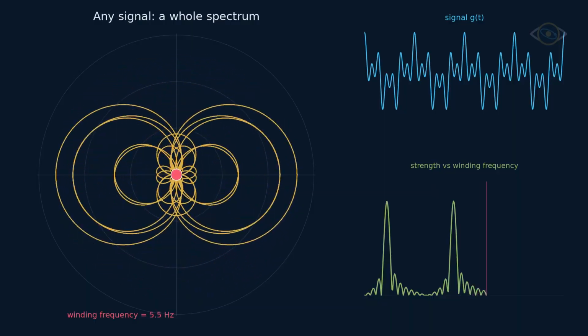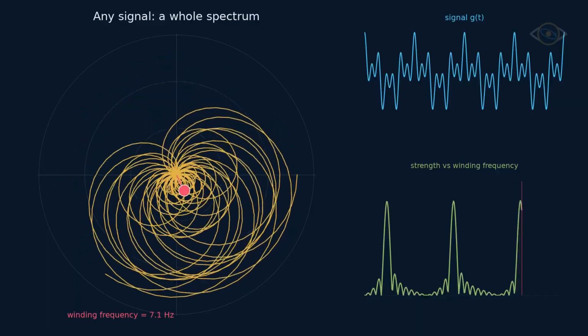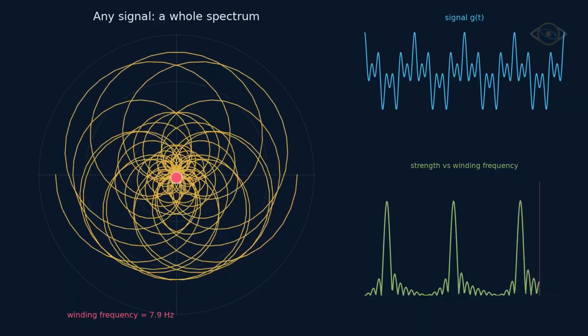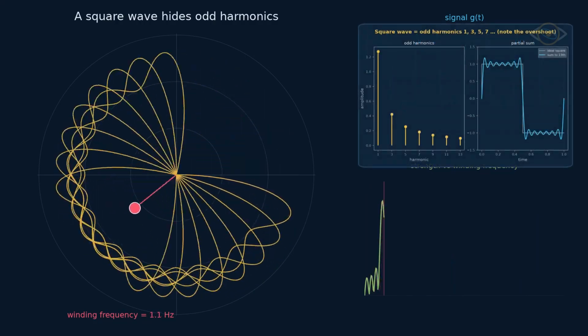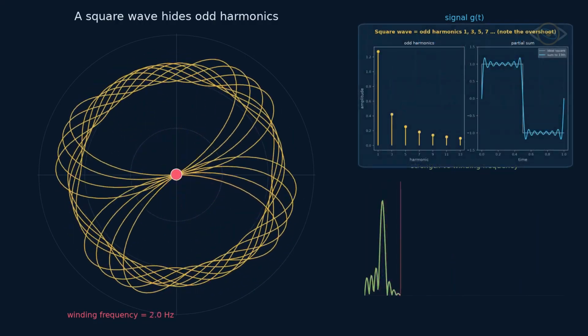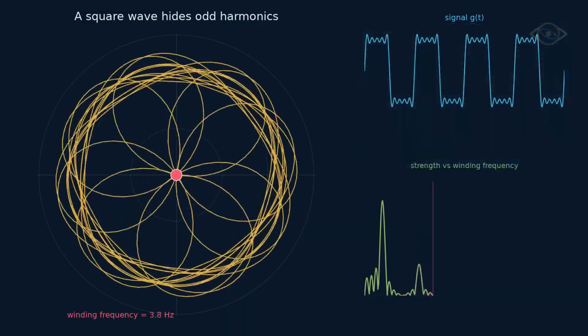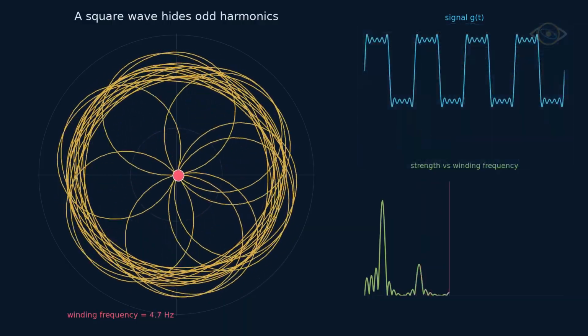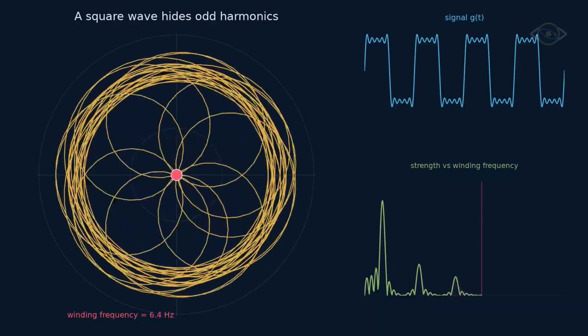So the spectrum on the right is the signal's full recipe, which frequencies and exactly how much of each? Here's something beautiful. A blocky square wave, all sharp corners, is secretly a sum of odd frequencies. 1, 3, 5, 7, each weaker than the last.